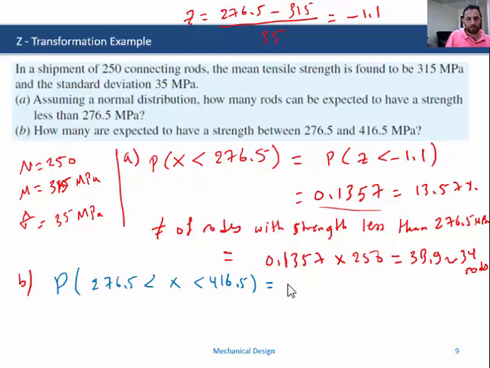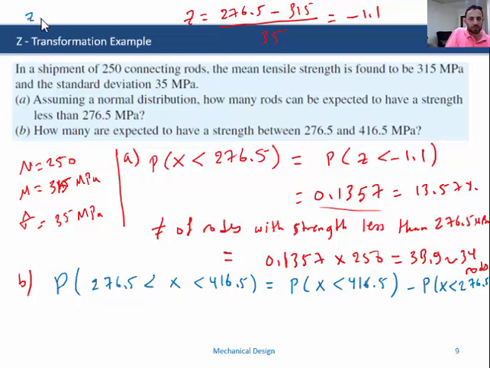So this is the probability of X less than 416.5 minus probability of X less than 276.5. Okay, we normalize those values.